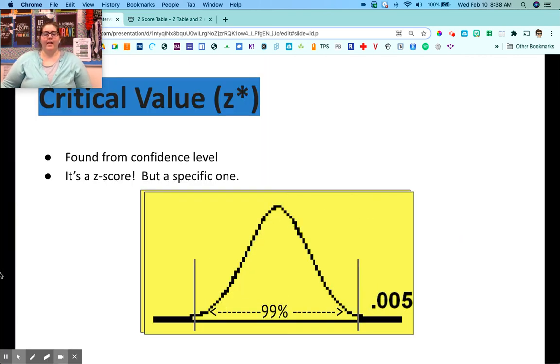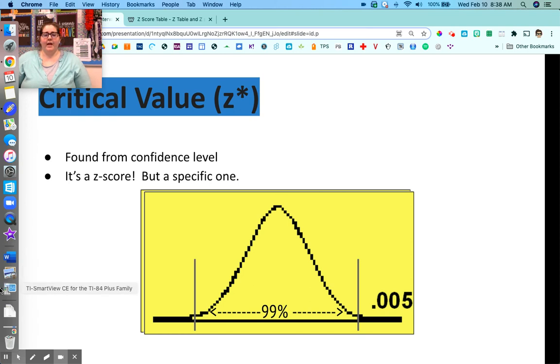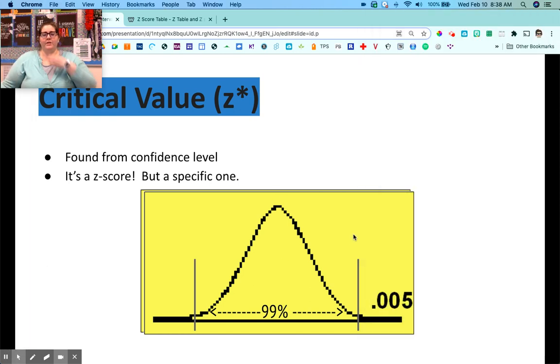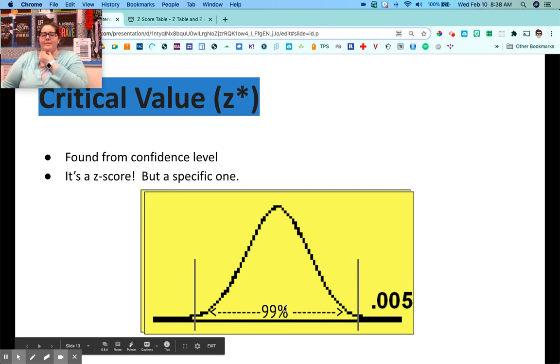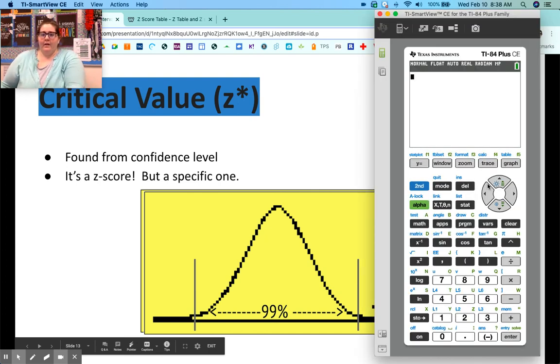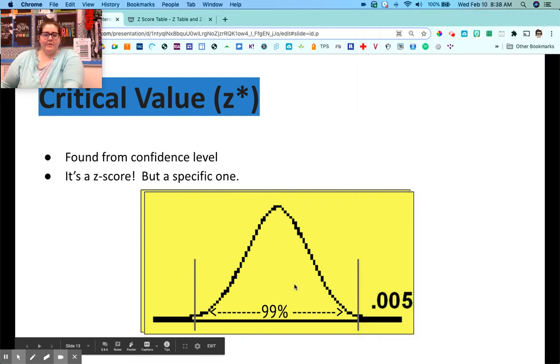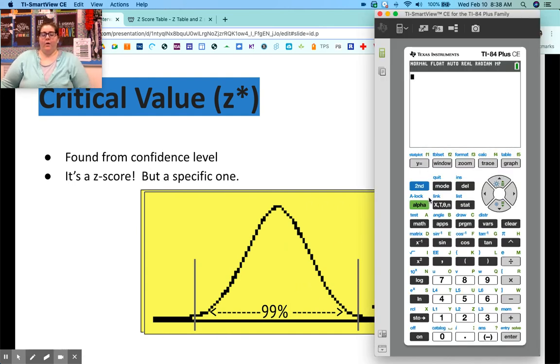So 1.96 is my z-star, which is what we used earlier to find that first confidence interval, right? And then for 99% confident, I'll show you how to do it on the calculator. Again, 99% is in the middle. That leaves 1% for the two tails. Split in half is 0.5% or 0.005. I can use my z-table just like I did a minute ago, but if I wanted to use the calculator, I press second, vars, and then choose the one that says inverse norm, which means normal backwards.